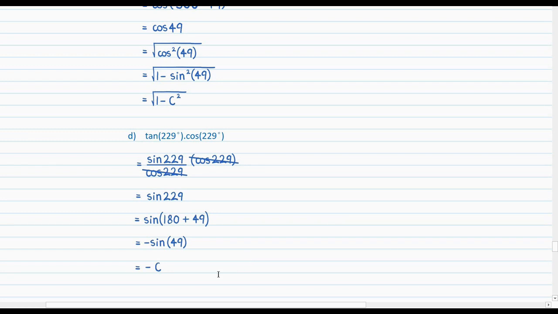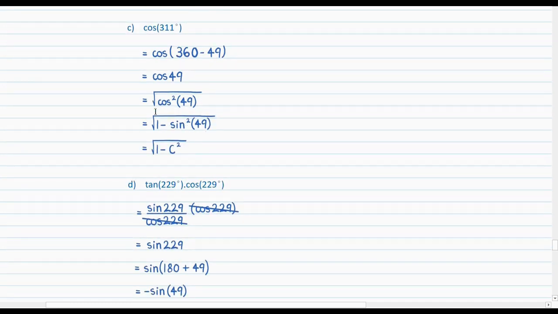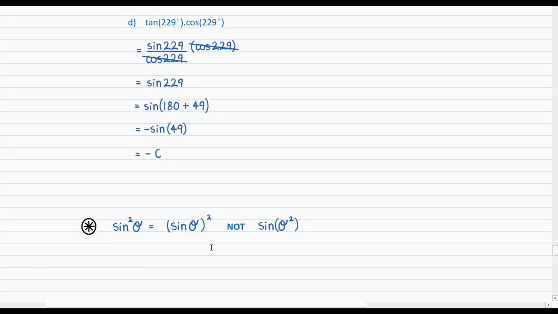And something that I think is worth clearing up right now, just in case you may be a bit iffy about it, is the whole usage of indices with these trig functions, such as we saw in this part, where you had the cos squared and sine squared functions. And this is that sine squared theta is the same as saying sine theta in brackets, the whole thing squared, and is not the same as saying sine of the angle theta squared.